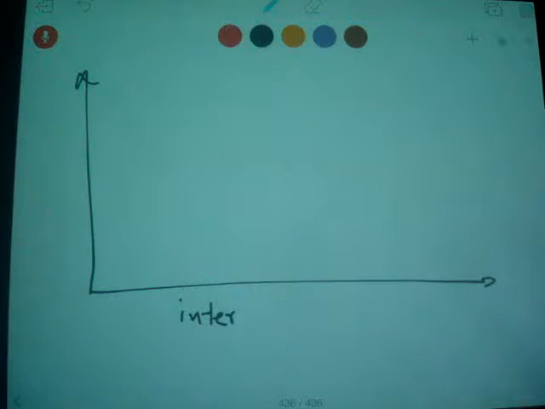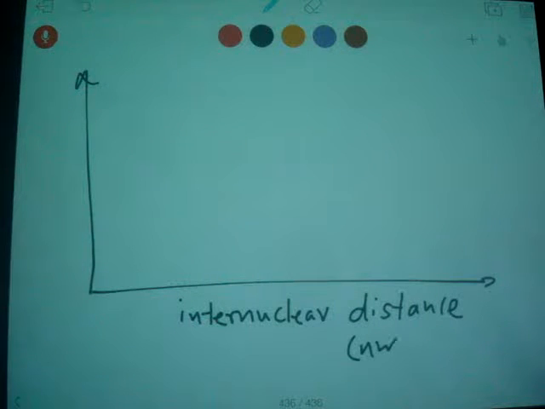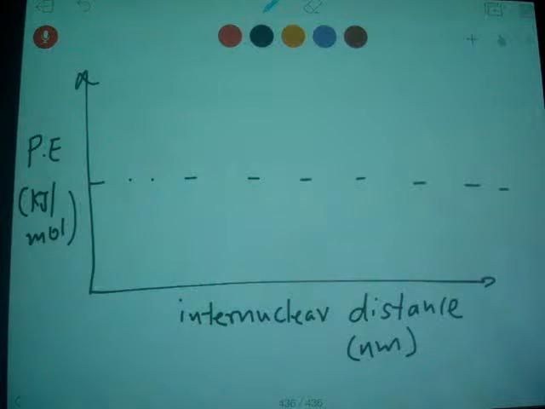Internuclear distance, in nanometers, is very small, and potential energy is in kilojoules per mole. Let's say this is the zero line.